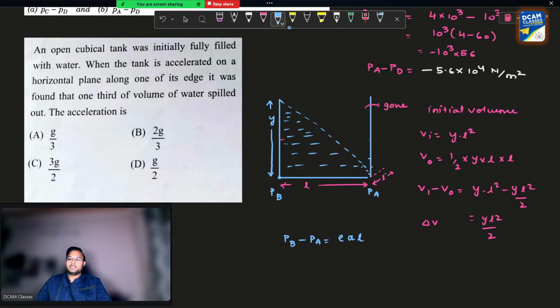But are you getting the answer then? I got g by 3. Using that, okay.